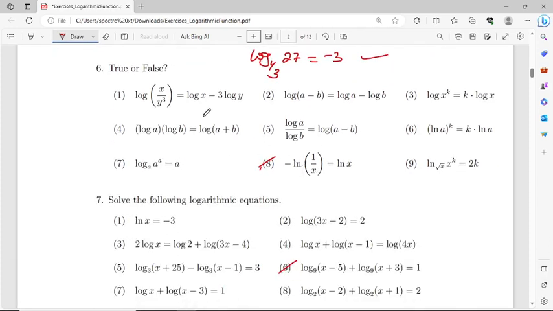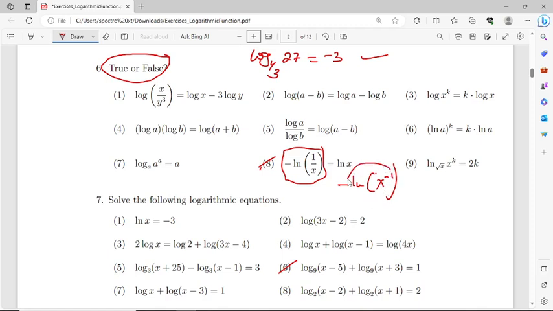Now, this is a proof, true or false, and this is part of AAHL, you see, proving. So we can prove this just using laws of logarithm. What you have here can be written as negative natural log of 1 over x. 1 over x is the same as x raised to negative 1.